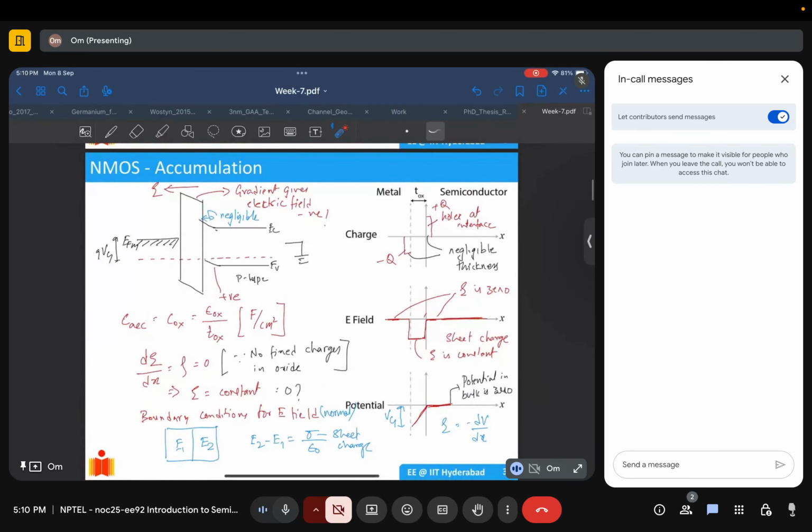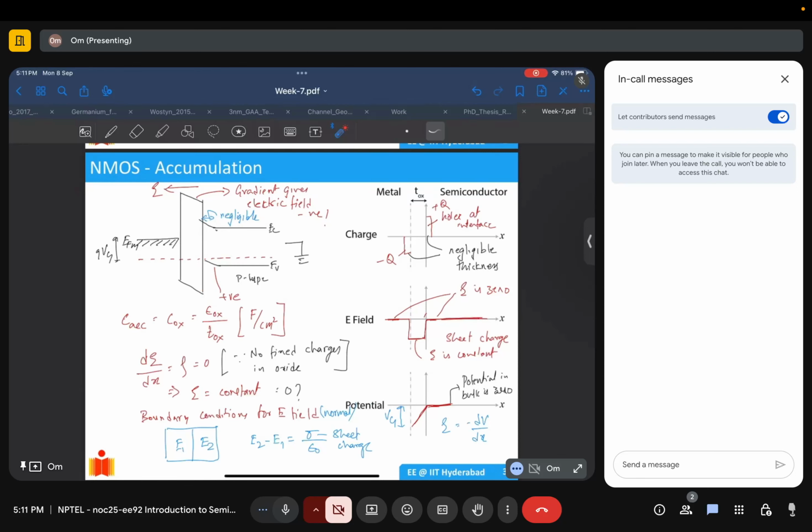Now in accumulation, as we have seen, assuming a p-type MOS capacitor, if you apply a negative voltage on the metal, the bands will bend like this, and holes will be attracted here at the surface, right?